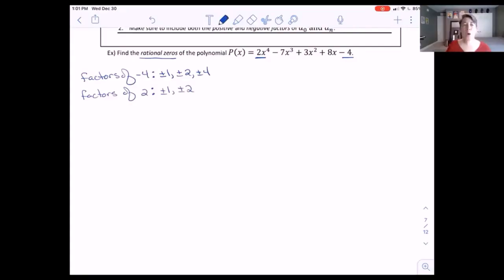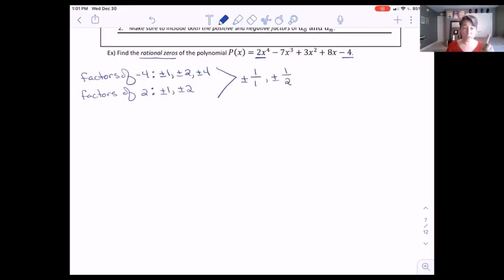If we're looking for possible rational zeros, we're actually going to put every number from the top, factors of -4, over every number of the factors of 2. So for example, 1 is a factor of 4. So possible rational zeros could be 1 over 1, or plus or minus that 1 over the 2.